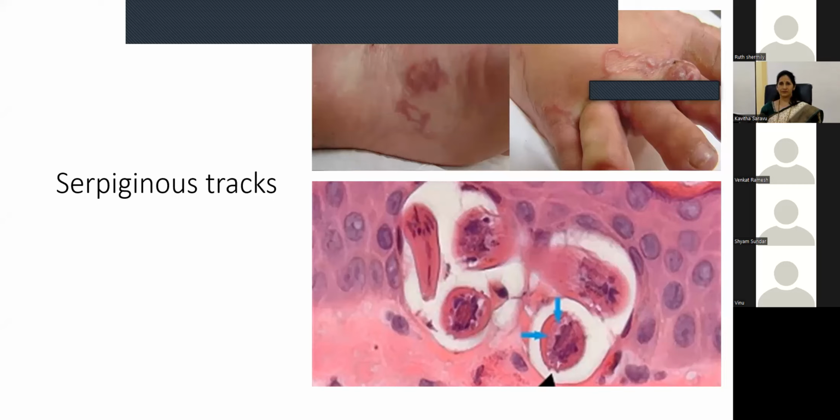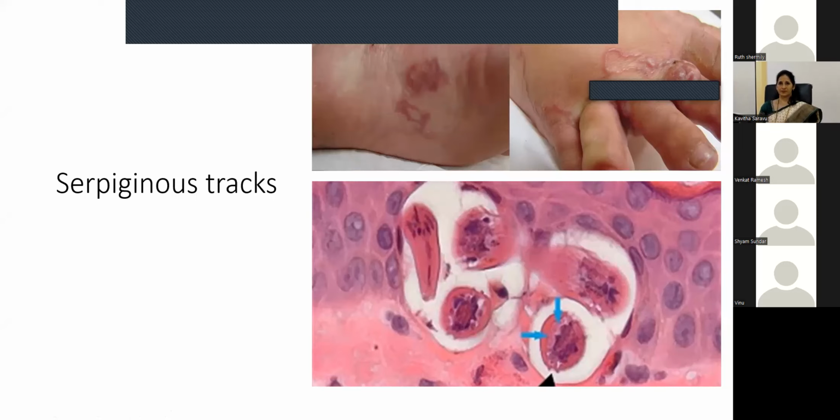In this picture, if you see the black arrow, this is having a double lateral ala, which is classical of the larvae, and they lack the reproductive structure, which indicates the immature stage of the larvae. The size of the larvae is around 15 to 20 micrometer in case of Ankylostoma, and it is a little larger in case of Necator.